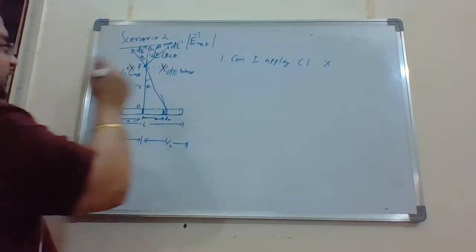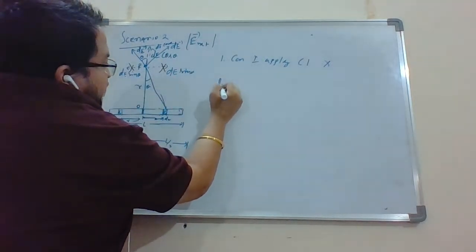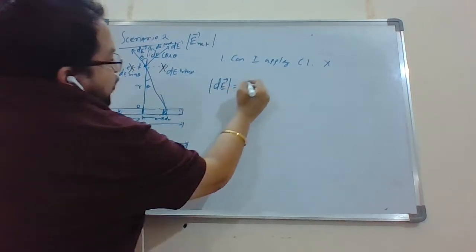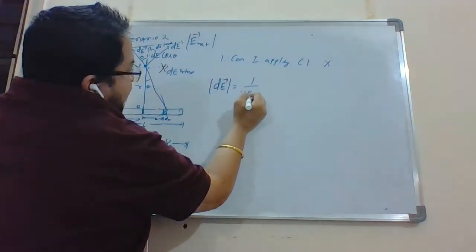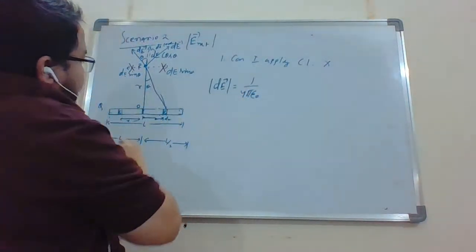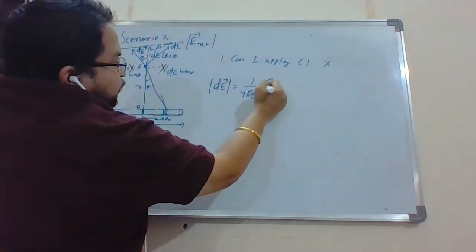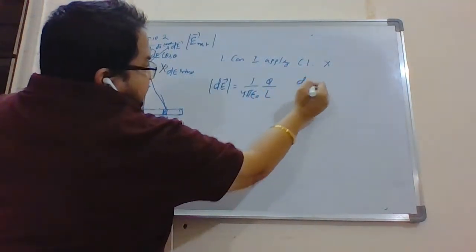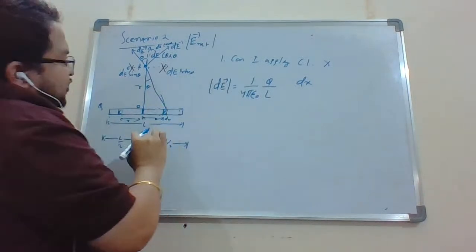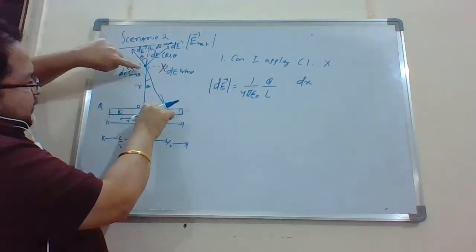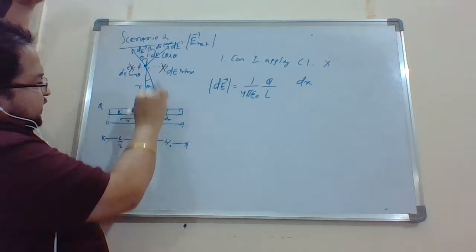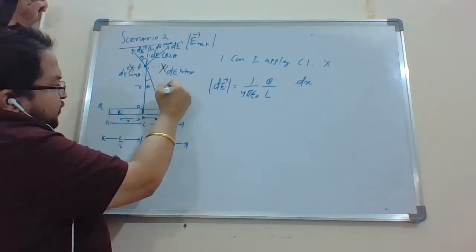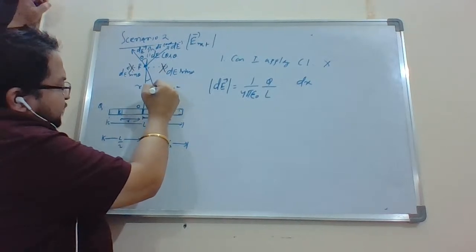So that is why we can say that your dE magnitude is 1 by 4 pi epsilon naught times total charge q by total length L into dx, that is kq by r square. The distance square is r square plus x square.